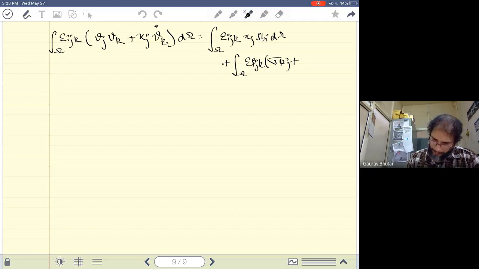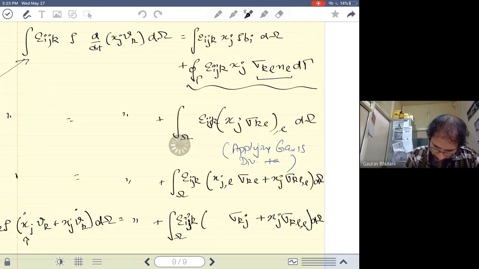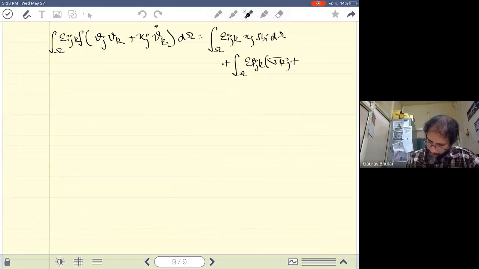So did I forget the rho on the LHS? Thanks. Yes, I did. Thank you very much for that. Hopefully, I have not made a mistake here. So we have this expanded form of the equation.